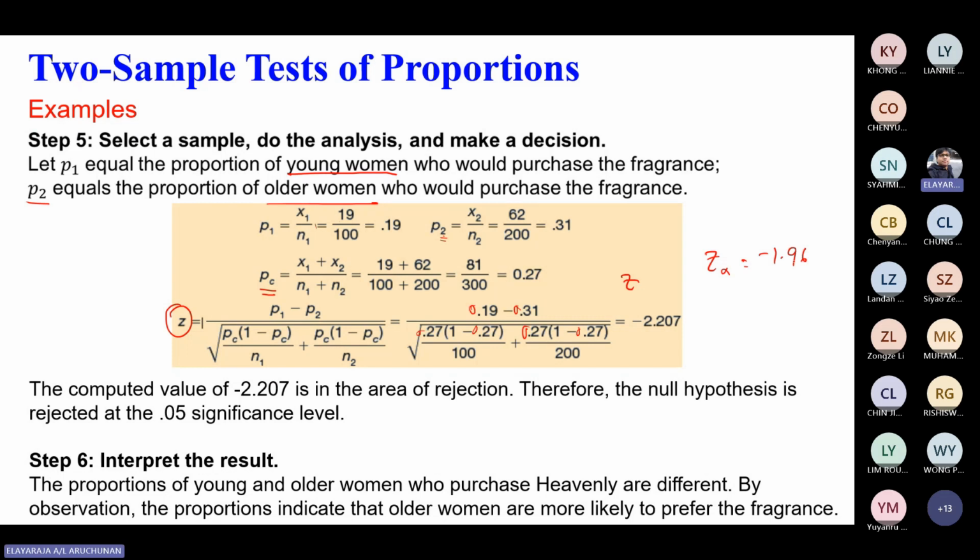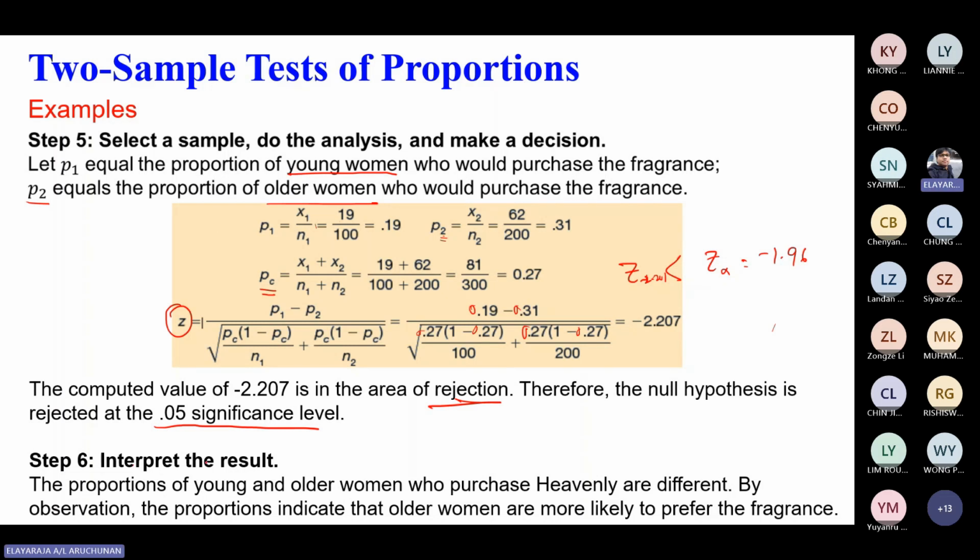The Z value we obtained, minus 2.207, is in the rejection area. Therefore, the null hypothesis is rejected at the 0.05 significance level, because minus 2.207 is less than minus 1.96. Since this is the condition we obtained, we have to reject the null hypothesis.